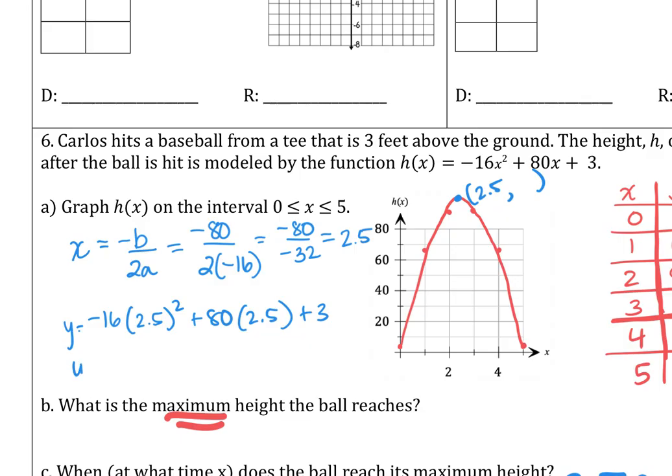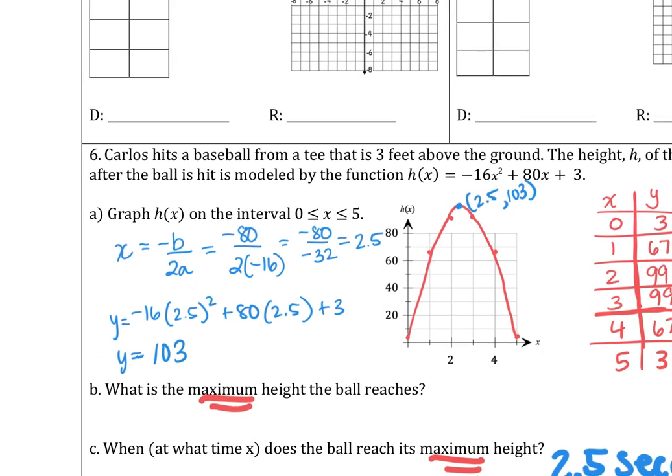And that would give us the y value of that vertex. So I would do 2.5 squared times the negative 16. What? 103. Very good. So the y value of this vertex is 103.